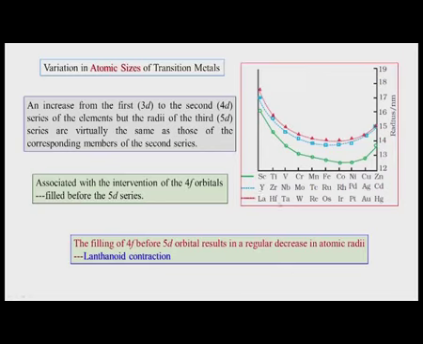So, in the 5d orbitals, from hafnium to gold, the lanthanoids will be filled first, and this results in a regular decrease in atomic radii. Since we are talking about atomic sizes, the atomic radii will decrease in that fashion, and we call it the lanthanoid contraction.